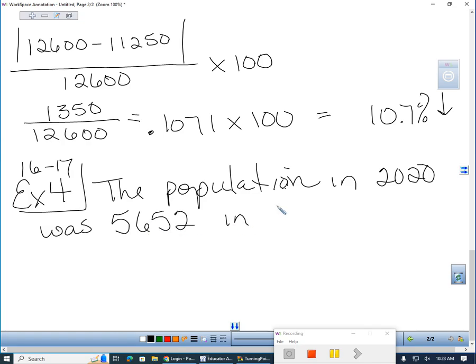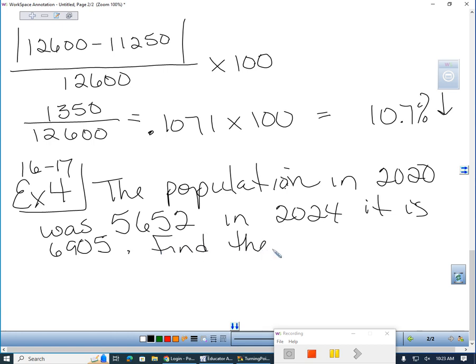In 2024, it is 6,905. Find the percent increase.